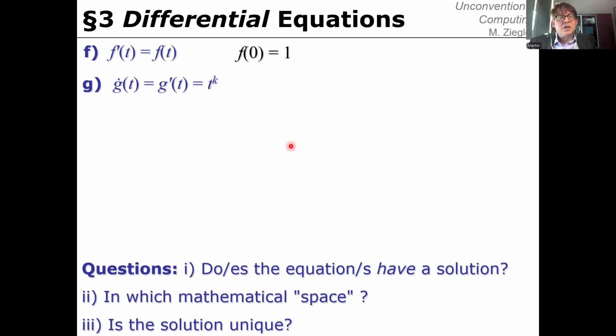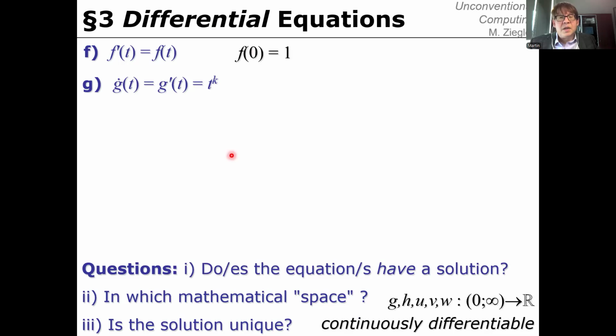Does this equation have a solution? Let's jointly find one. Yes, t squared over 2 is a solution, because if you remember the laws of differentiation, the derivative of t squared over 2 is t. So when k is equal to 1, we've just found a solution to this equation.